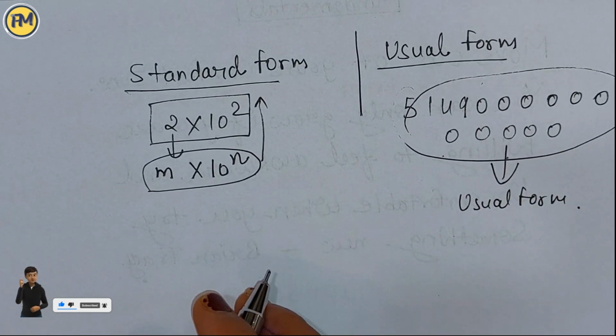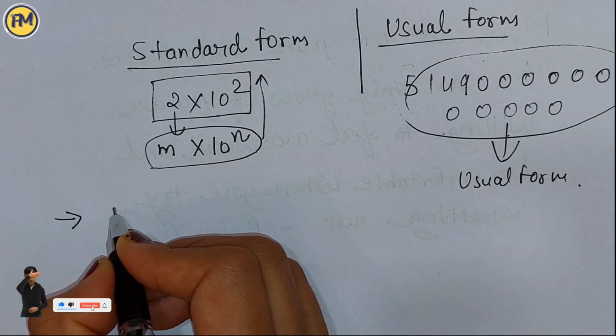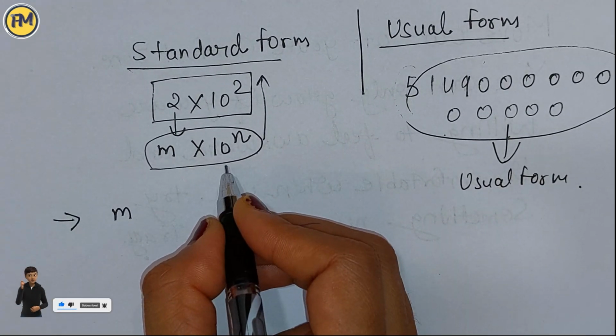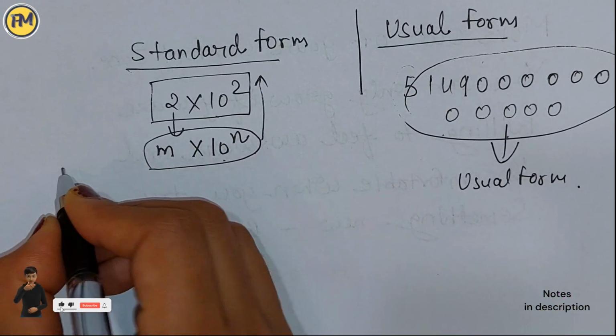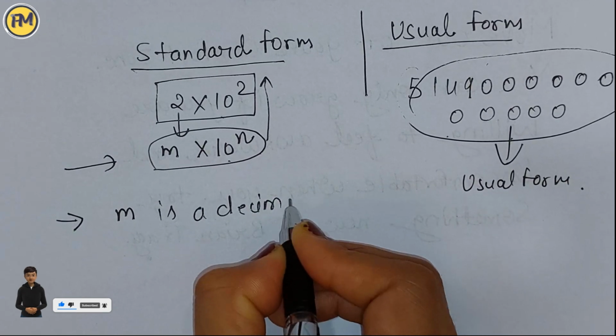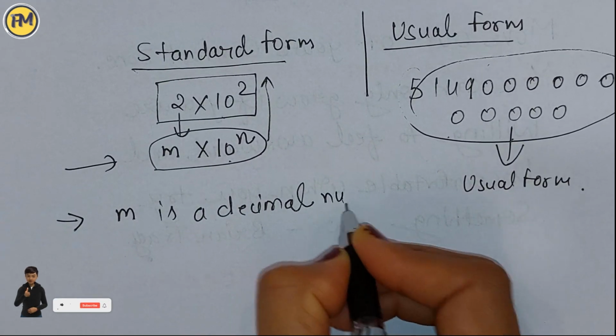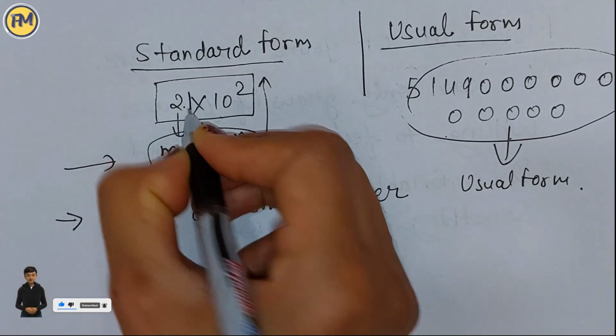There are a few criteria you can note down. First, the number should be in this form, m into 10 raised to the power n, and m is a decimal number, like 2.1.